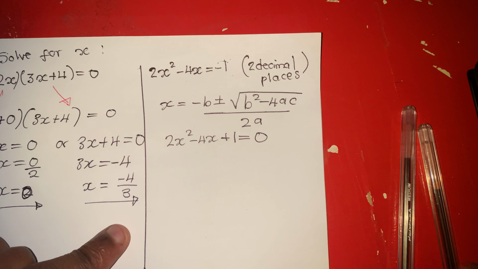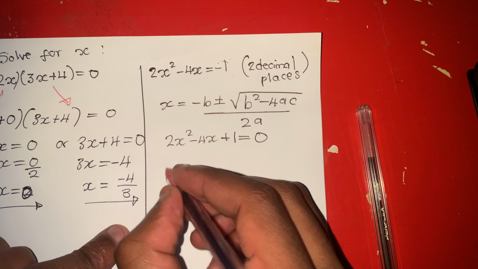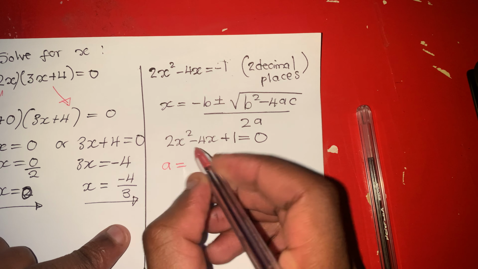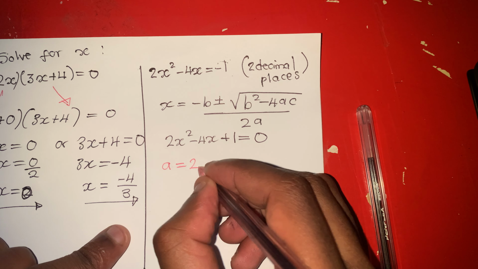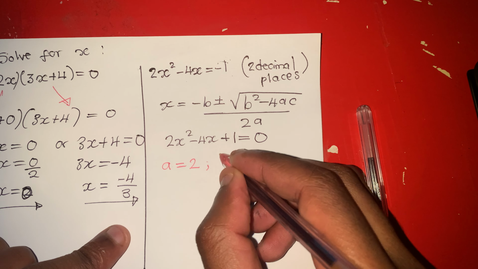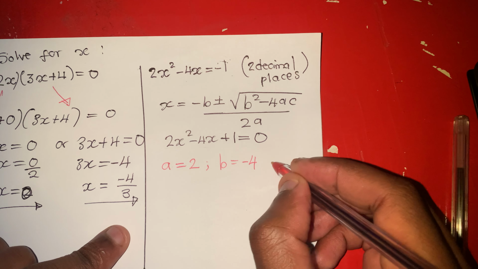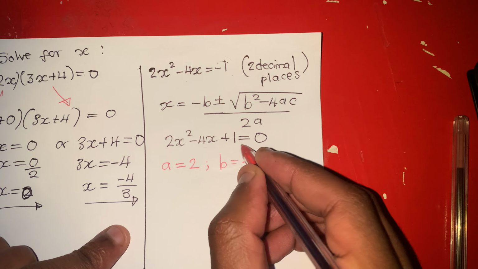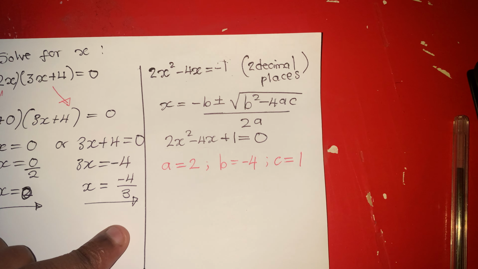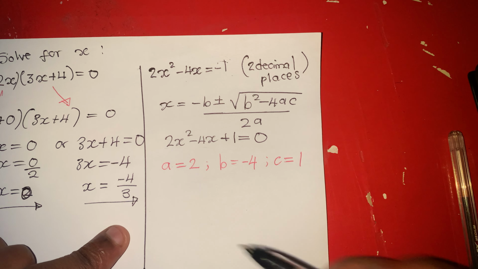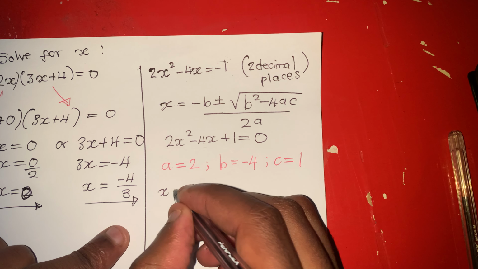So we will pull out your values. A, this is a, is equal to 2. B, this is b, is negative 4. And c, this is c, is 1. Okay, so now you can substitute in your equation.